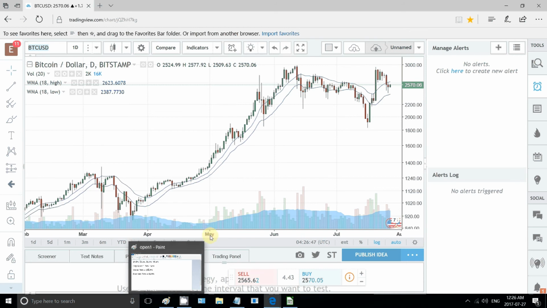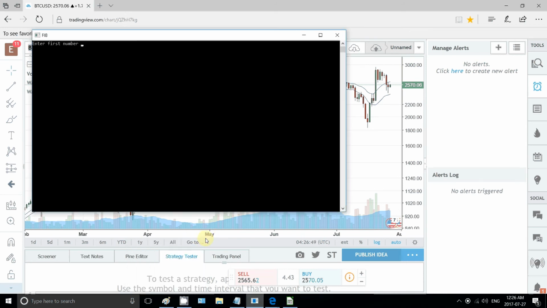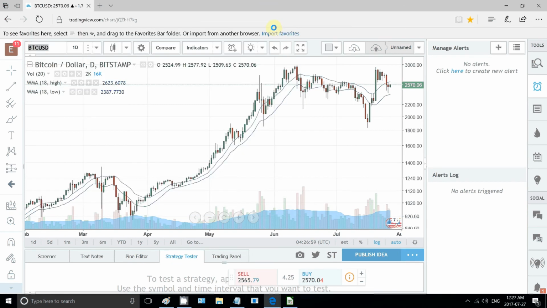People ask often about this calculator. It's a program which I've made. I put it on the taskbar for an easy click, and I put my numbers in, and it's very easy for me to just access.